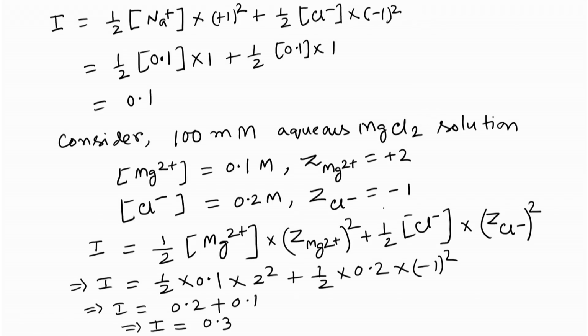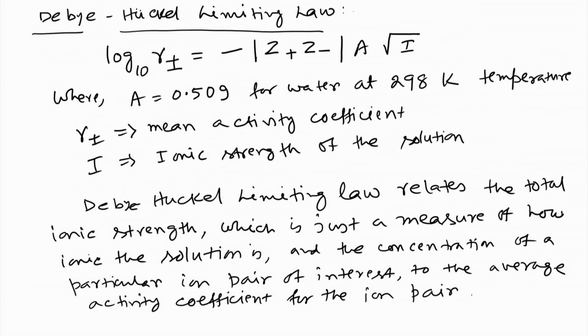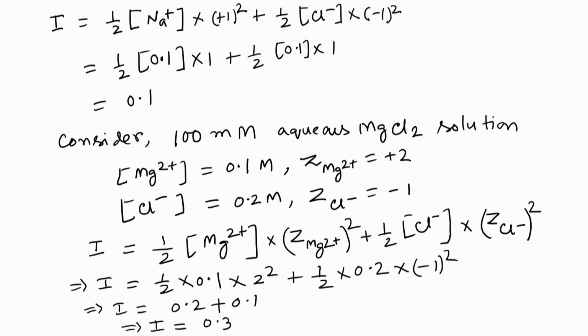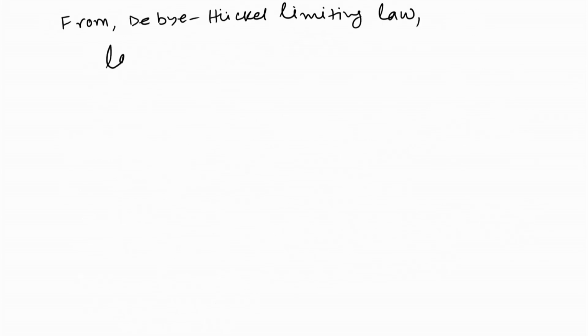Now, from the Debye-Huckel limiting law we know log gamma plus minus equals minus the modulus of z plus times z minus times A root over the ionic strength.